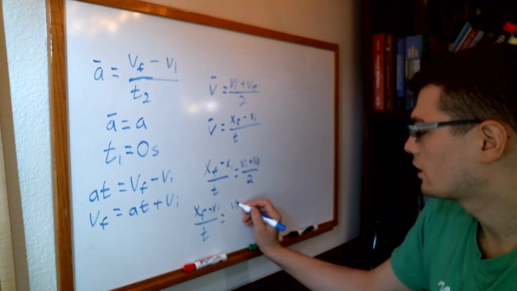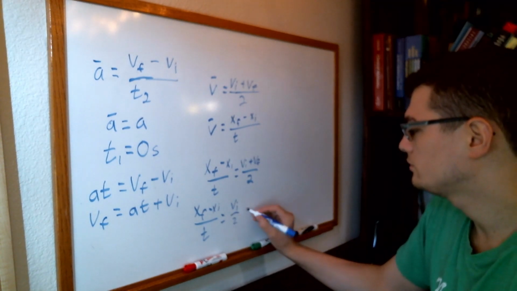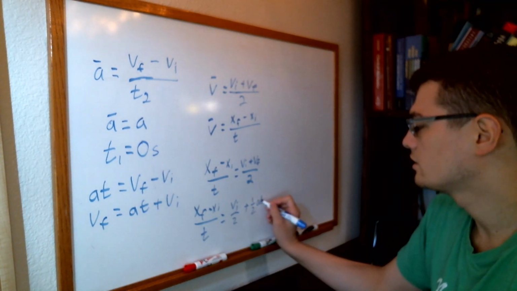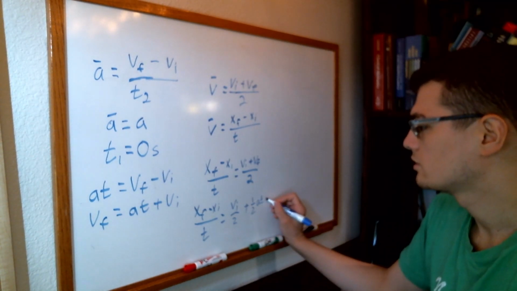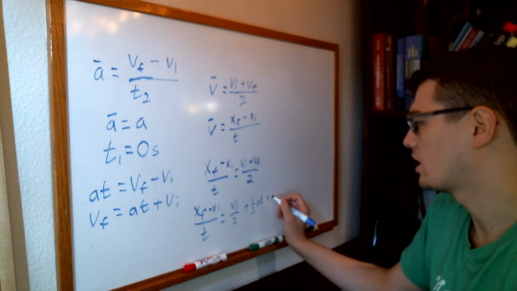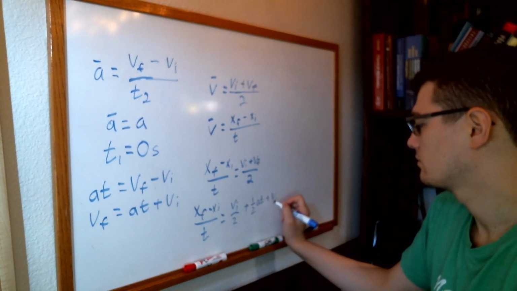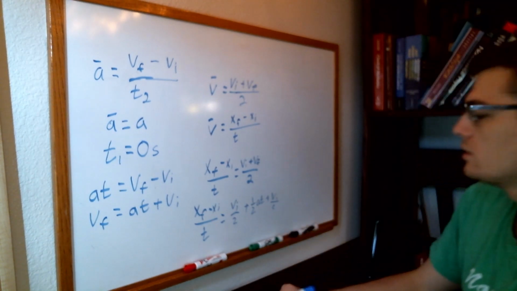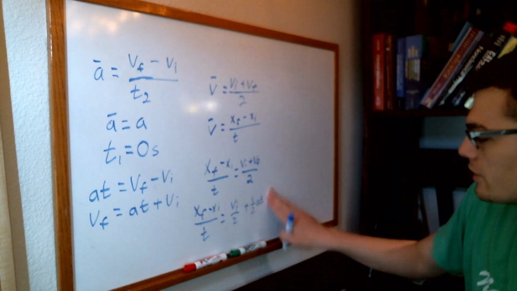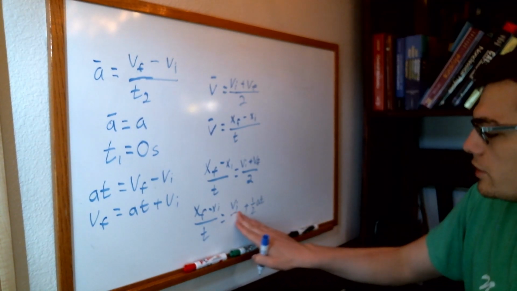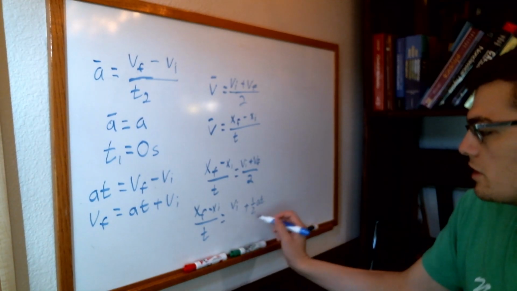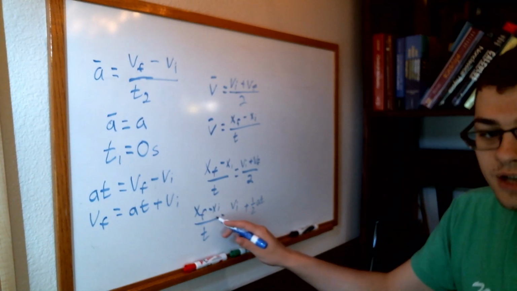So vi over 2 plus 1/2 at plus vi over 2. So from here we can combine our vi's. So I'm just going to get rid of this one and then take away the 2 because we're combining them. And then we're going to multiply t to the other side and then add xi to both sides.